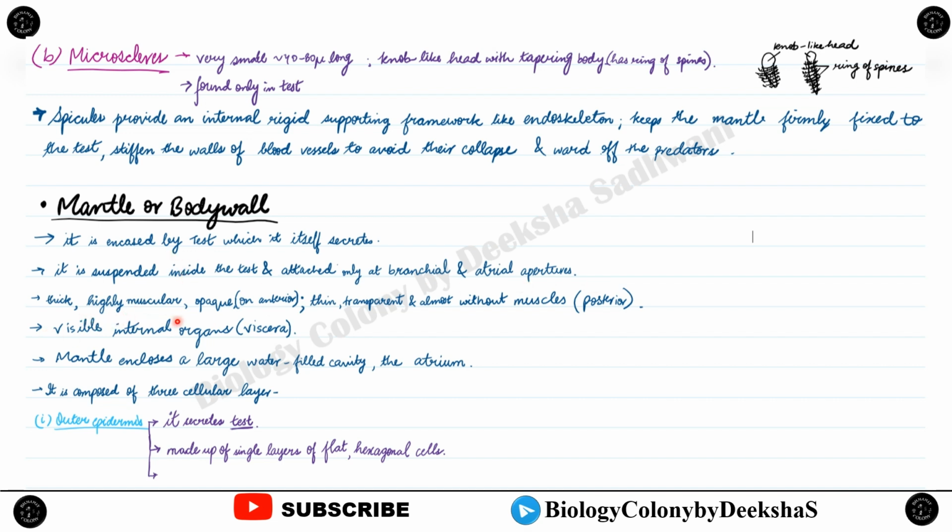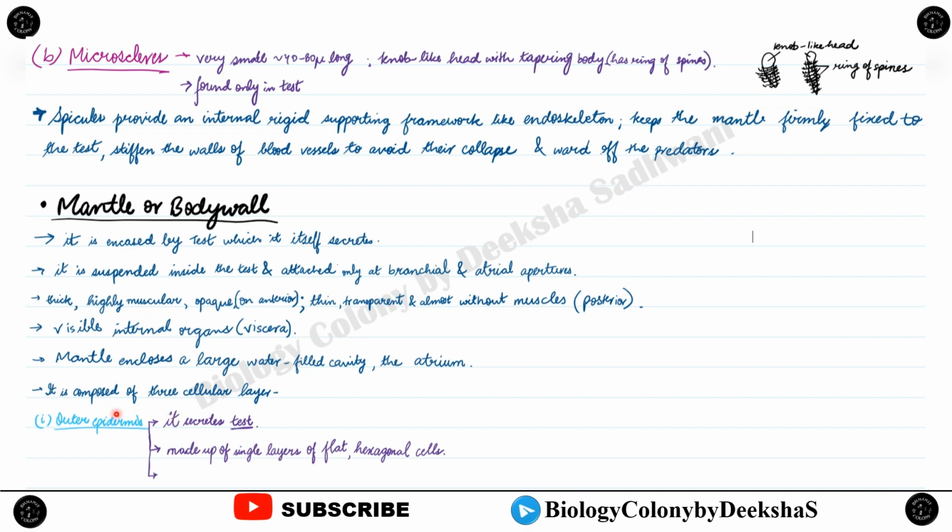It is thick, highly muscular, opaque on the anterior, thin, transparent and almost without muscles at the posterior region. Then visible internal organs, the viscera, are found, and the mantle encloses a large water-filled cavity, the atrium. As Herdmania lacks a coelom, it has a cavity that is called the atrial cavity or the atrium.